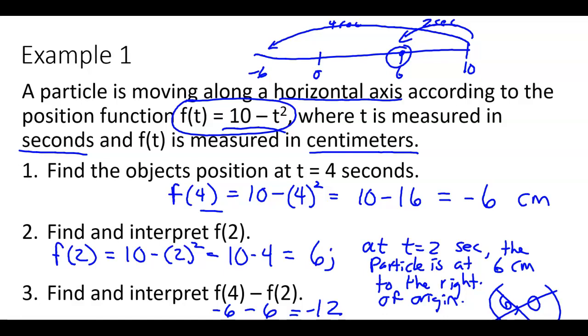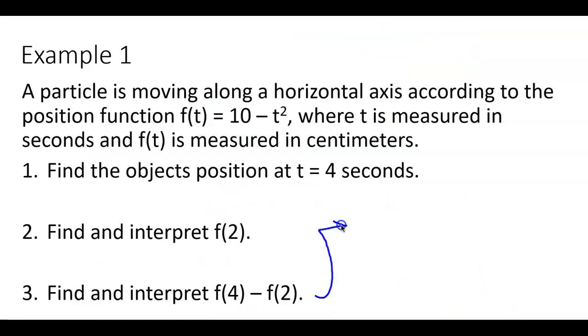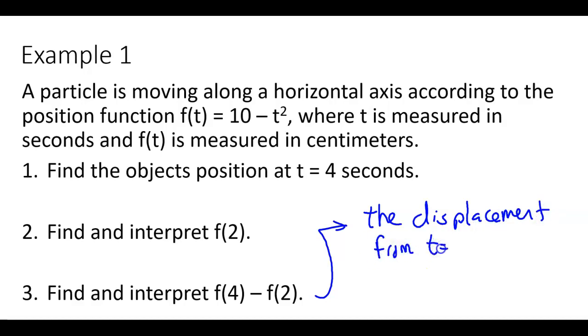But I'm going to use the language we've been working with today. So I would say the displacement from t equals 2 to t equals 4 is negative 12. Is the object located to the left or right of where it started at 2 seconds?